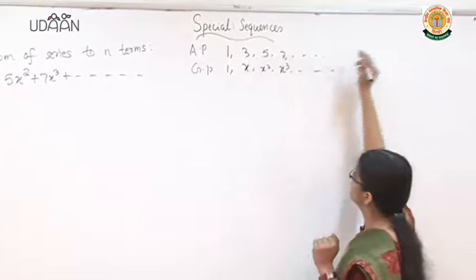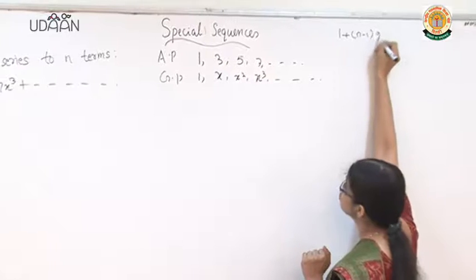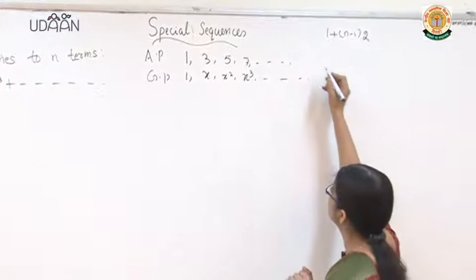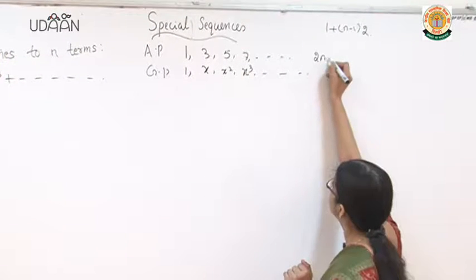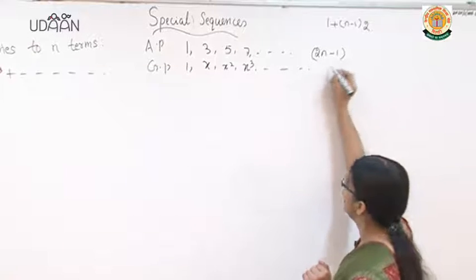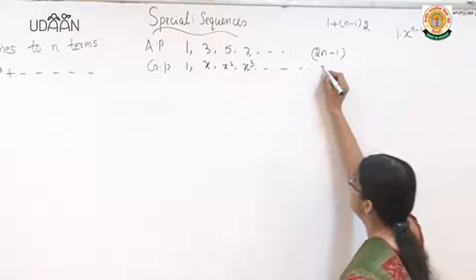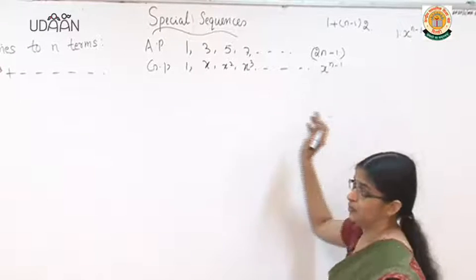So, let us find the nth term of this arithmetic progression: a plus n minus 1 into d, the common difference is 2. So, it is 2n minus 1, and for the geometric progression it is a into r power n minus 1, which will be x power n minus 1.